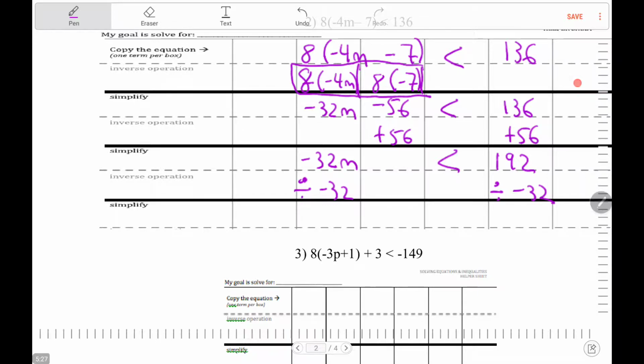Okay, so this is going to be 192 divided by negative 32 is negative 6. We have m, and we have to change the sign because we divided by a negative. So m is greater than negative 6.